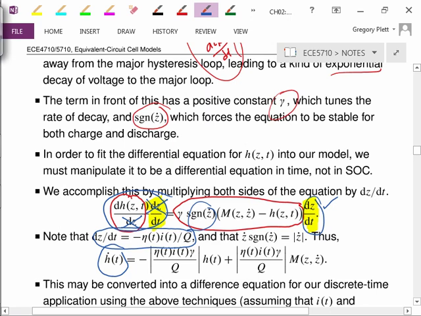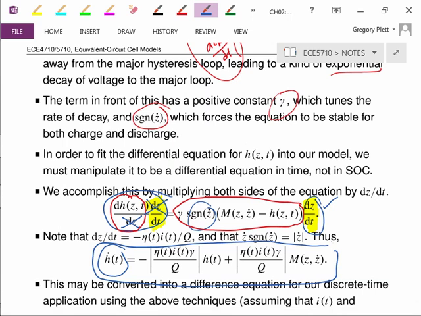So multiplying out, I have gamma times this, the minus eta I over q, multiplying M and also multiplying negative h. And that's what we have down here in this equation. There is our differential equation in time, a continuous time equation, modeling this hysteresis effect.